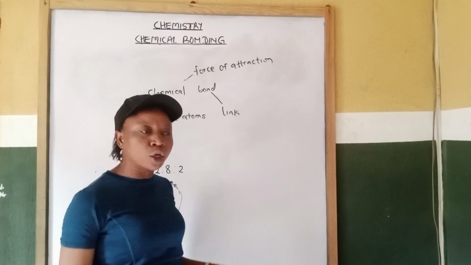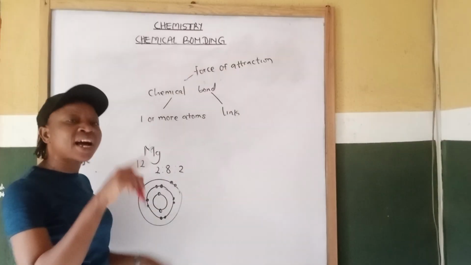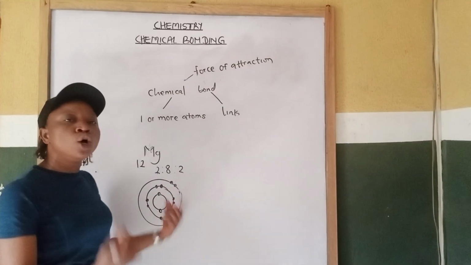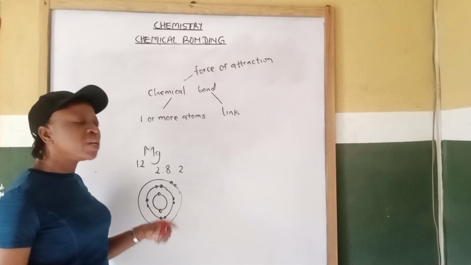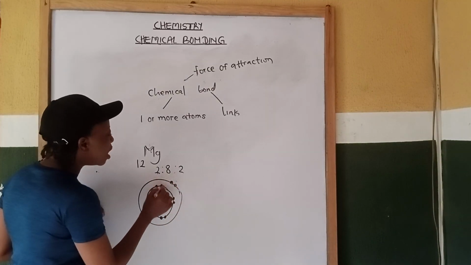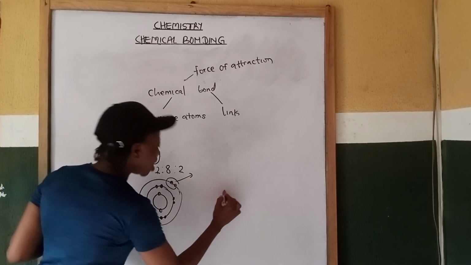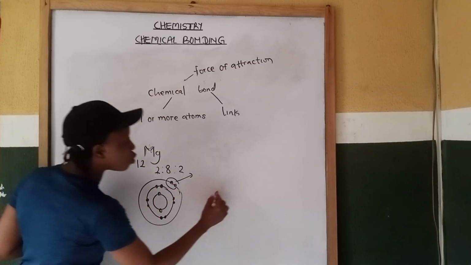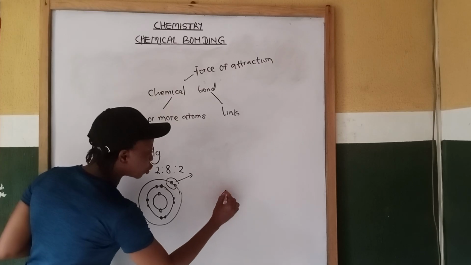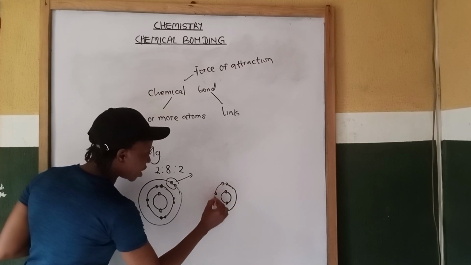To have a stable structure, it will donate these 2 valence electrons to become an ion. By the time magnesium gives out these 2 valence electrons, the number of electrons will reduce to 10. Then it will now give us 2, 8.